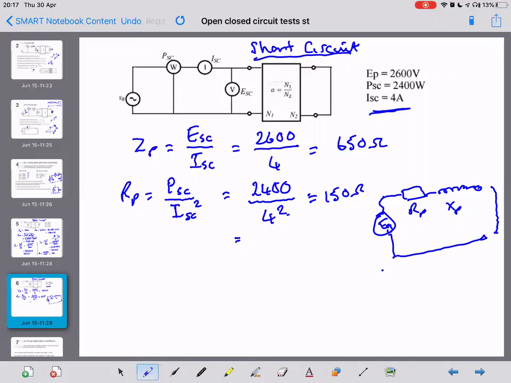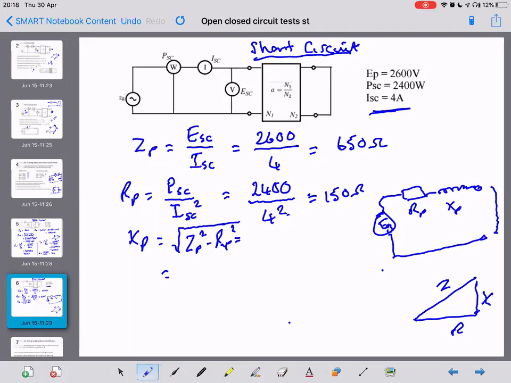Again, now what we've got is two sides of this impedance triangle. So we've got R and we've got Z, and so we can find X. XP is equal to the root of ZP squared minus RP squared.